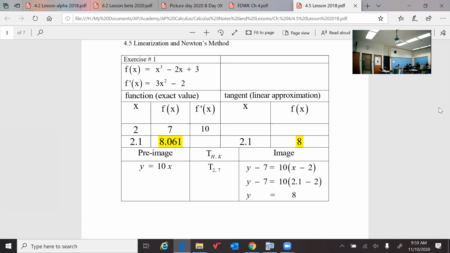Here's the point (2, 7). There's the derivative. You put 2 in the derivative, you get 10. So 10 is the number in this box. So the parent graph of the tangent line would be y equals 10x. You're sliding through that point (2, 7) to the right 2, up 7, by doing the opposite.